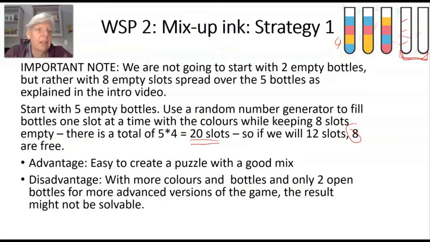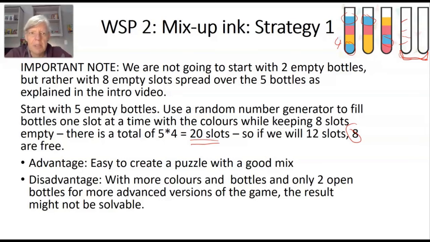So you push blue in 4 bottles randomly, 5 bottles randomly. Then you push red in 5 bottles randomly, and then you push yellow in our example, green in our program, to 5 bottles randomly. Do you understand strategy 1?